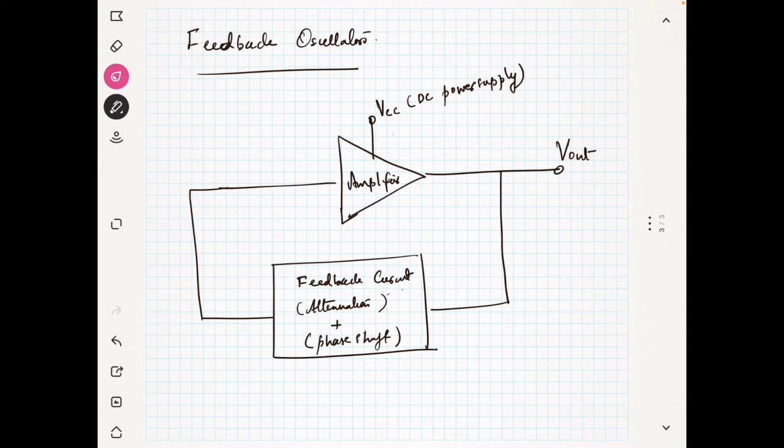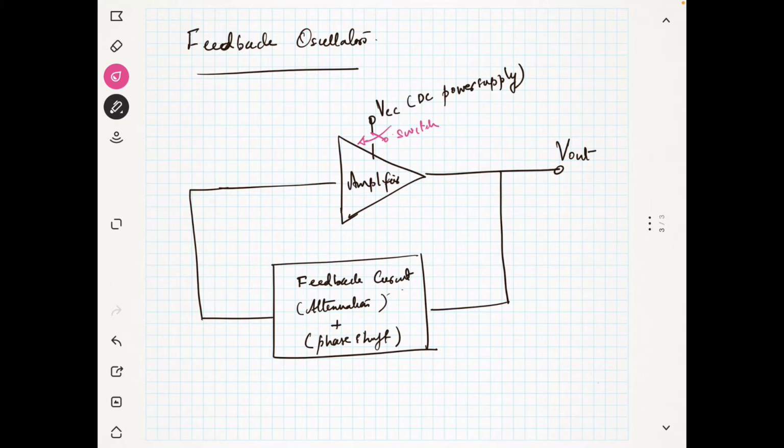When you switch on the power supply, this is your switch. When you turn on the switch, there will be some disturbances in the circuit.